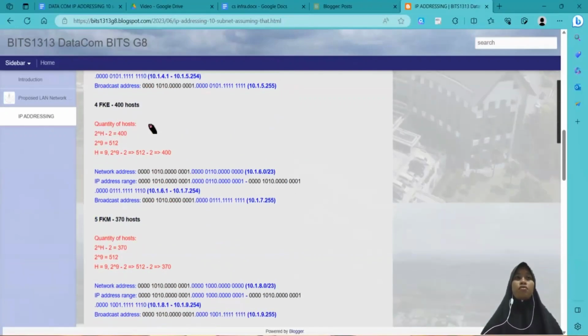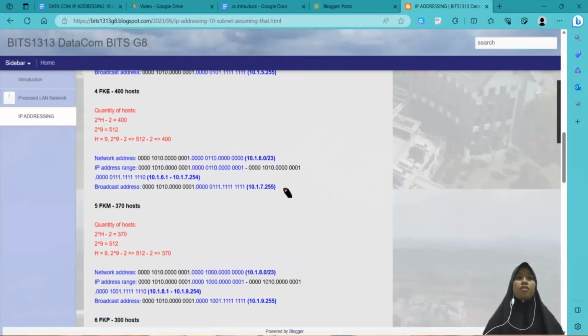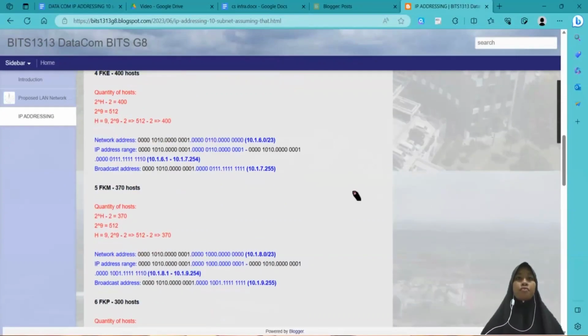FKE with 400 hosts. The bits borrowed is also 9. The network address is 10.1.6.0. IP address range is 10.1.6.1 until 10.1.7.254. And the broadcast address is 10.1.7.255.